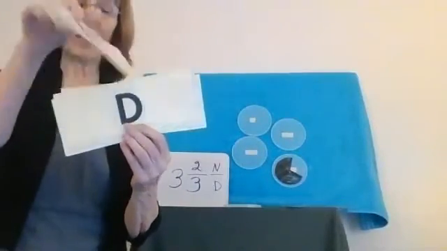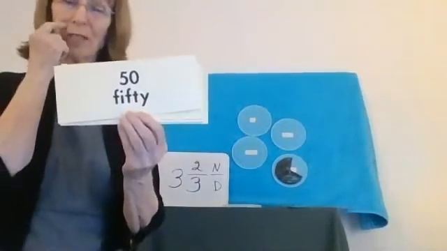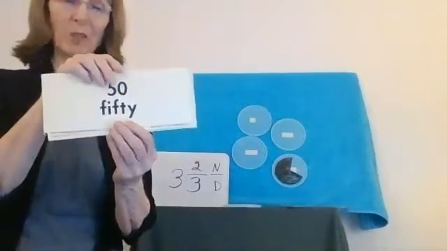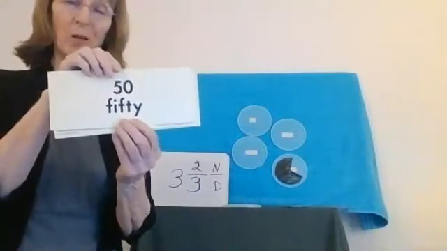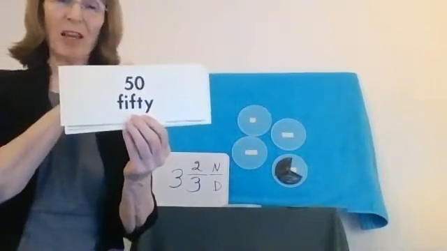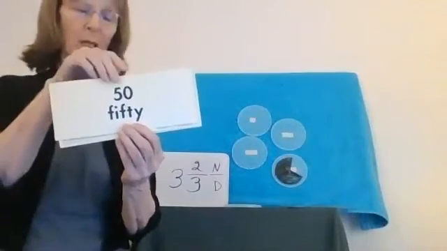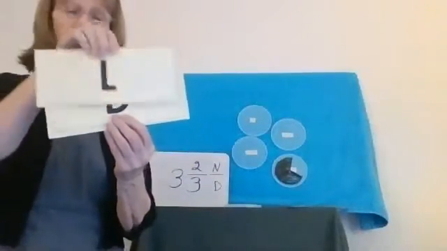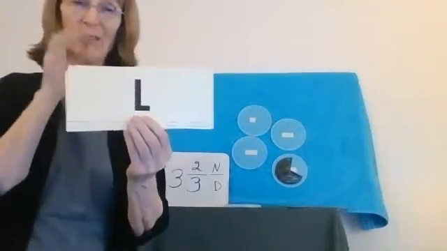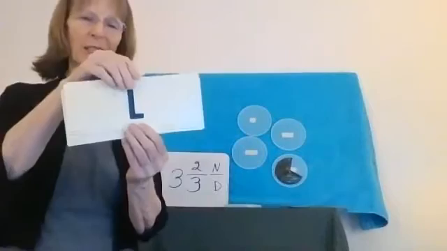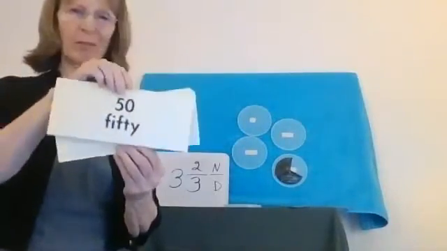Then I remembered that L stood for 50. Little games, little tricks like that, little stories you can make up will help you remember things that you may be confused about, or you're just having a hard time remembering. So remember that the L has a 50 sitting on the chair.